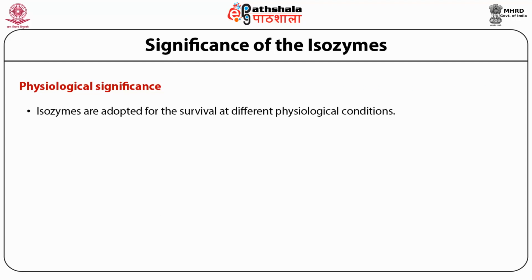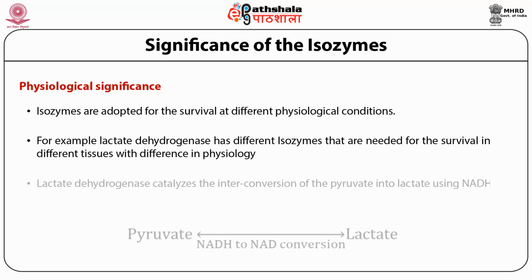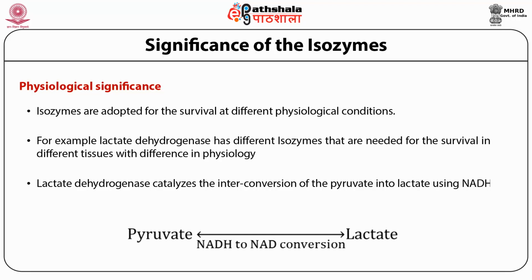Isozymes are adapted for survival under different physiological conditions. For example, lactate dehydrogenase has different isozymes that are needed for survival in different tissues with different physiologies. Lactate dehydrogenase catalyzes the interconversion of pyruvate and lactic acid using NADH.